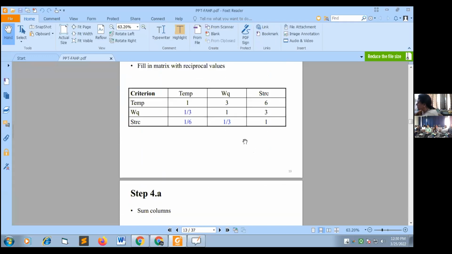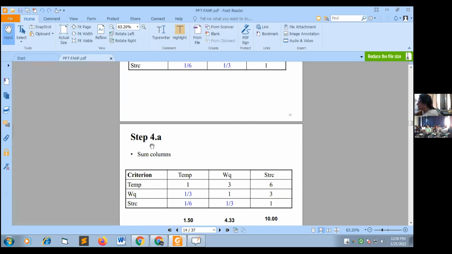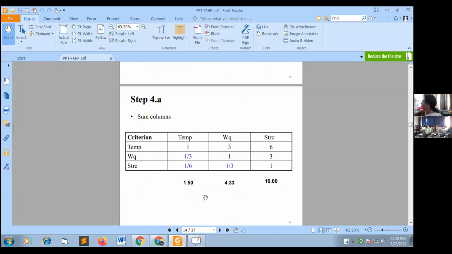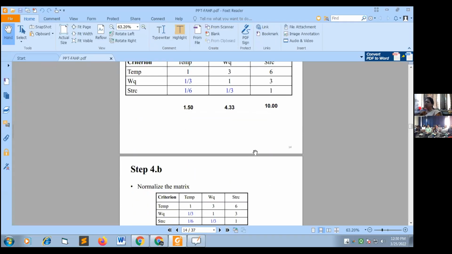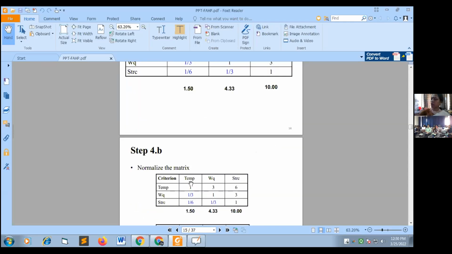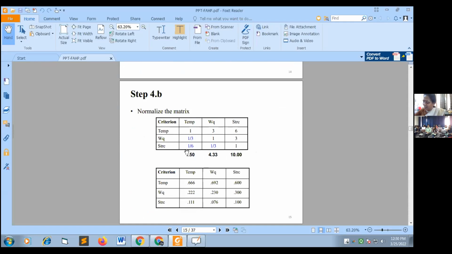To calculate the weights of the criteria from this matrix, we take the column-wise sums: 1.5, 4.33, and 10.5. After normalizing, dividing each entry by its column sum, we have the normalized matrix.